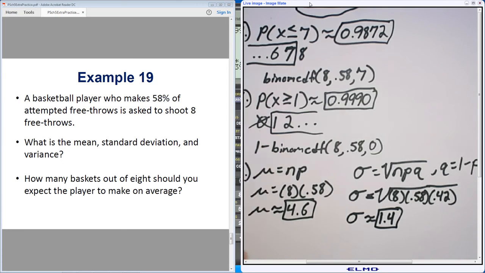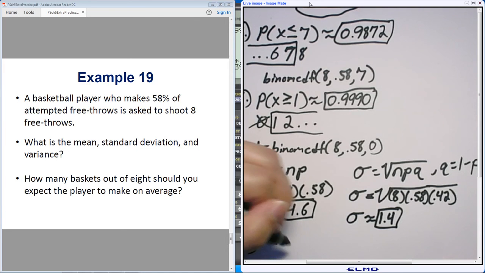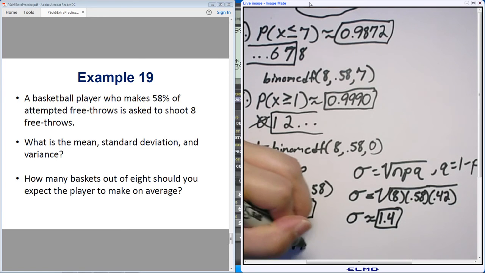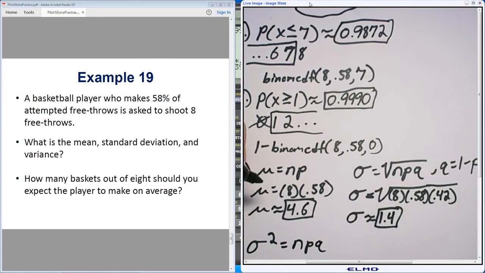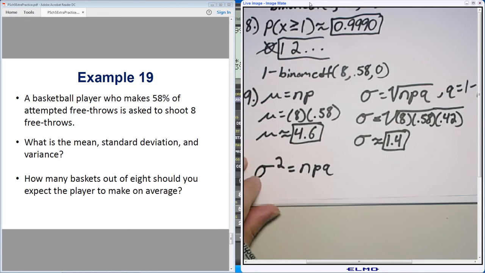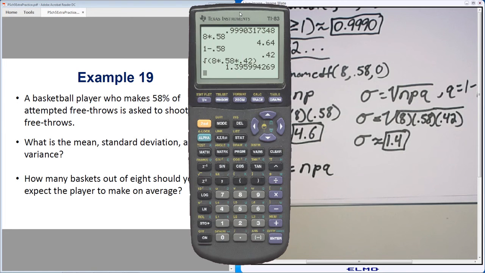All right, lastly, the variance. That's sigma squared. The formula for that is n times p times q. Again, q is 1 minus p. We've already got sigma in the calculator, so we could just square that number and get the answer.